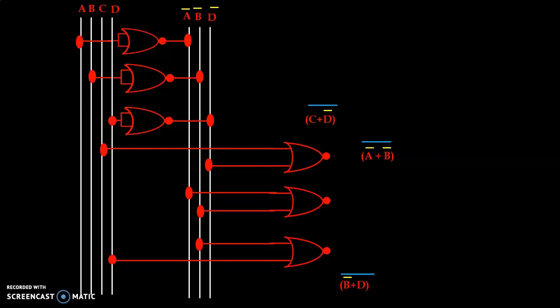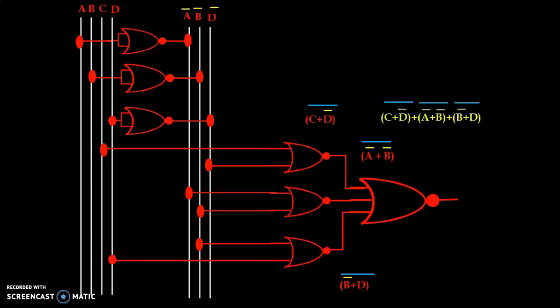We use another NOR gate with 3 inputs for the summation of all the intermediate outputs. So we have the 7th and final NOR gate. We connect the outputs of the intermediate NOR gates to the inputs of the 7th NOR gate. And we have output Y of the 7th NOR gate, and that is equal to our original switching function.